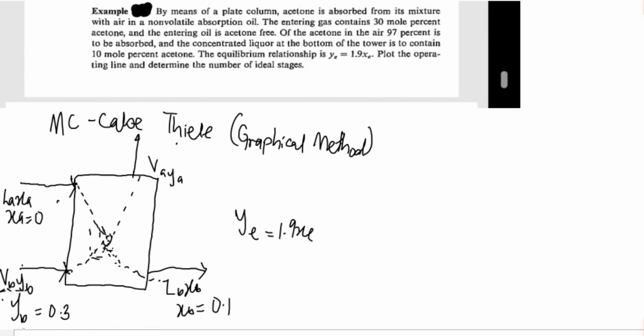Let's say at a certain point around the top of the column, before the remaining air and unabsorbed acetone go out, we are told that the acetone that goes away completely is 29.1, right? So at a certain plate, let's say in the middle, around here, let's call this plate N.